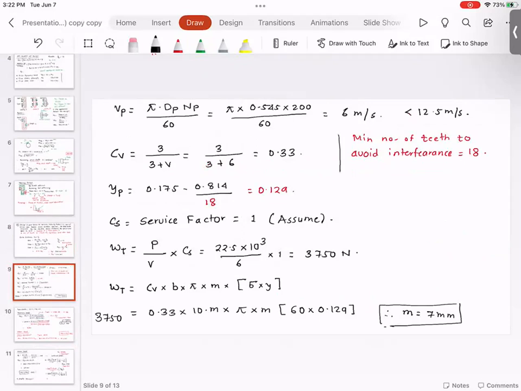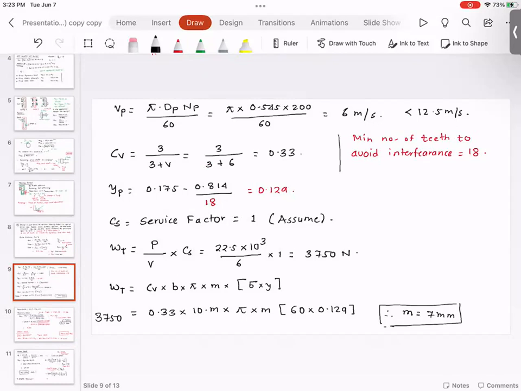Once we have the minimum number of teeth that are needed to avoid interference, which is 18, we can find out the value of the form factor YP. And then since the service factor is not given, I'm going to assume the service factor is equal to 1, and then I'm going to find out the value of the tangential load, which is the power transmitted divided by the pitch line velocity.